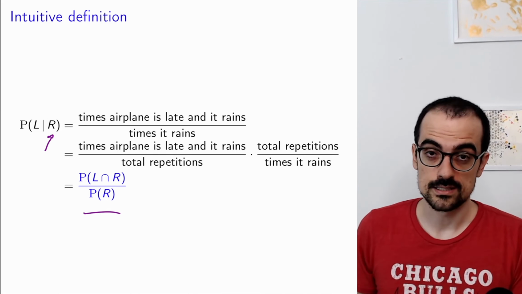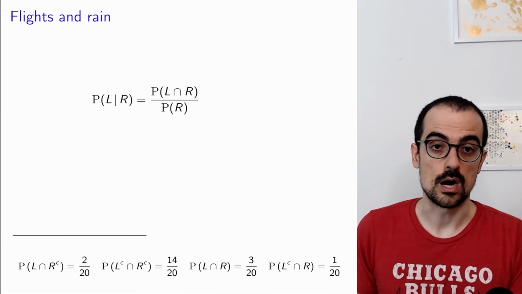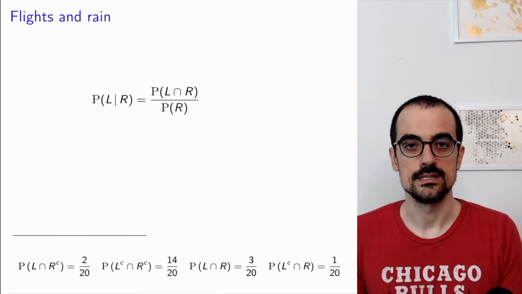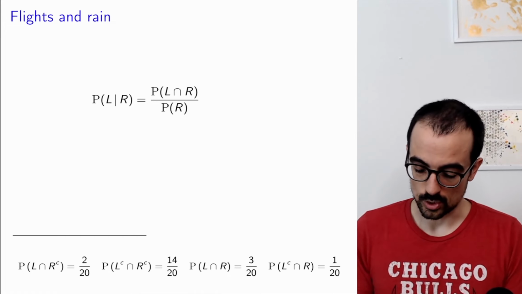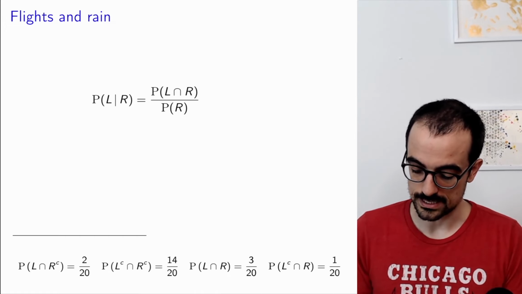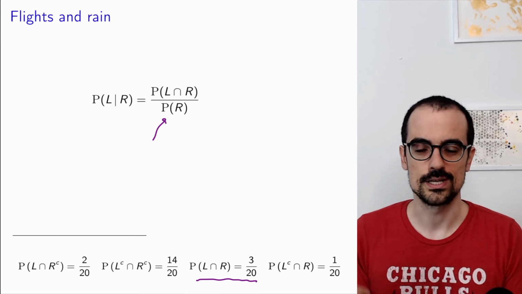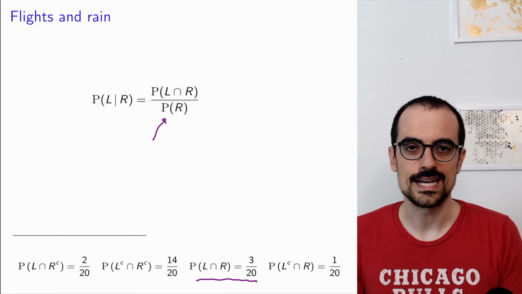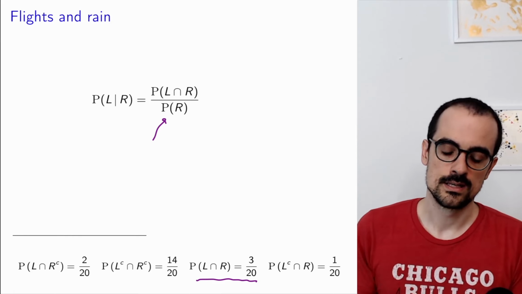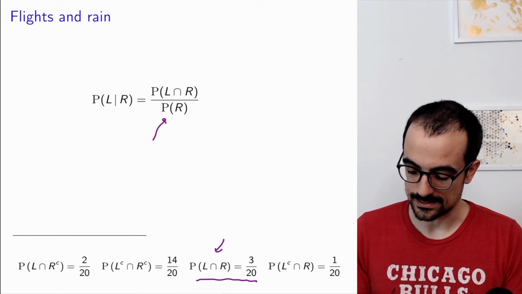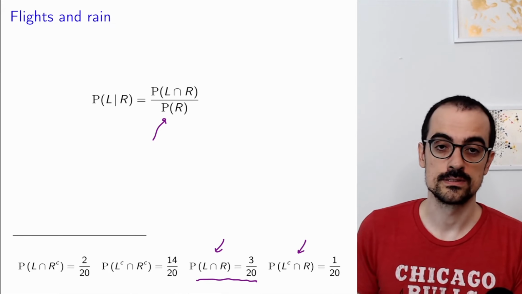Let's apply this definition to our example. Okay, so now we want to compute the probability of the intersection divided by the probability of rain. We already have the probability of the intersection. To compute the probability of rain, we're going to use this trick that you can explain with the Venn diagram, where we're separating rain into its intersection with late, and its intersection with the complement of late.